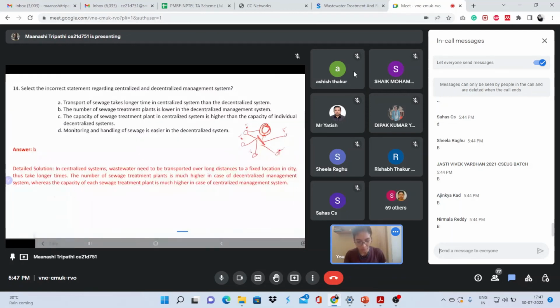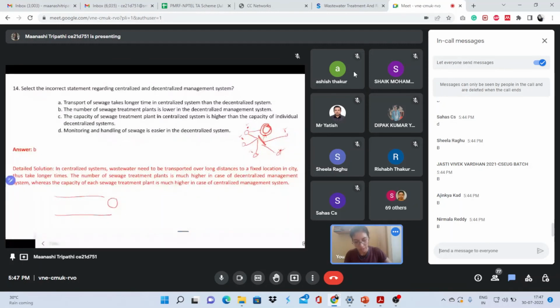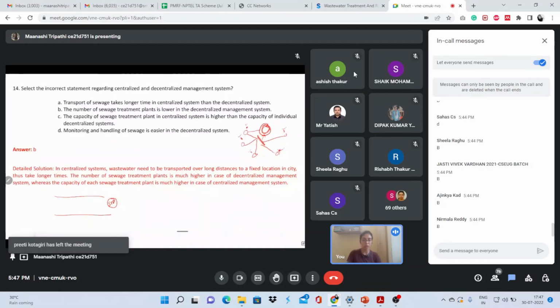See, for the whole IIT Madras, we have one STP. In IIT Madras, there is one centralized STP where water is coming from everywhere, from our laboratories, from hostels, everywhere water is going to one centralized STP.